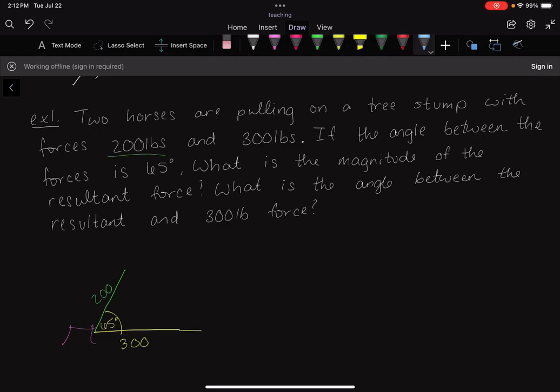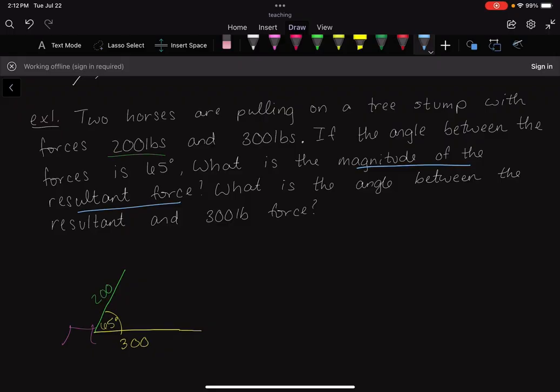What we're looking for is the magnitude of the resultant force. Think about where this stump is actually going to go when it gets launched out of the ground. As both the horses are pulling, it's not going to go straight with the 200-pound force, and it's not going to go straight with the 300-pound force.